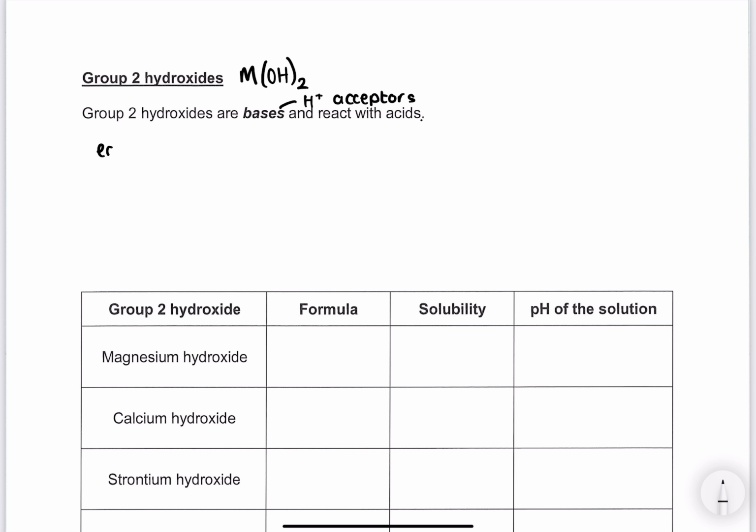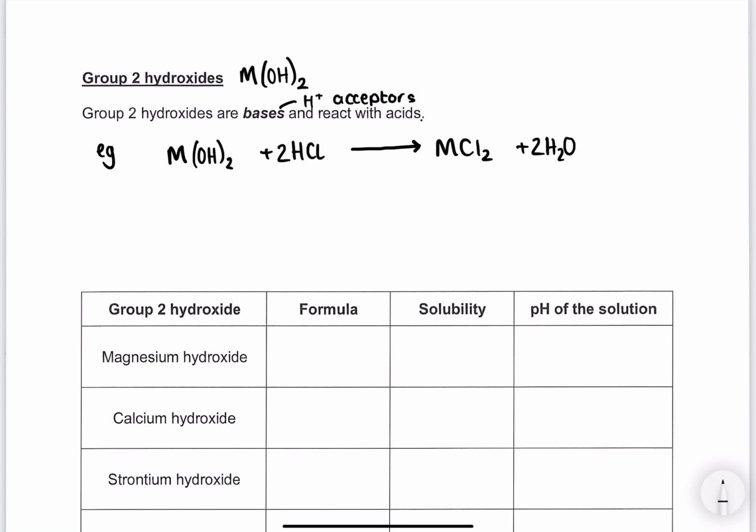So let's just do an example with M to represent our group 2 metal, which means that we can replace it with any letter of any element from group 2. If we were to react with hydrochloric acid, it produces chlorides for the salt, so we'd get MCl2, and then we'd get water, and we would balance that equation like this.